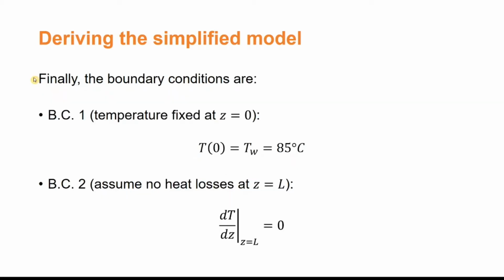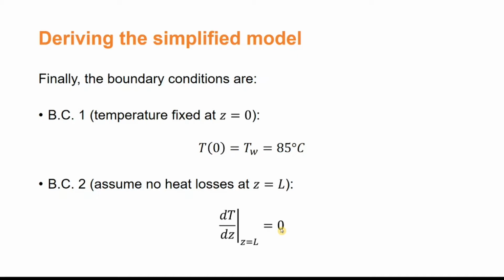The last thing we need to do is consider the boundary conditions. We said already that the wall temperature is held constant at 85 degrees Celsius. The other boundary condition at the other end states that the heat flux from this end is 0.